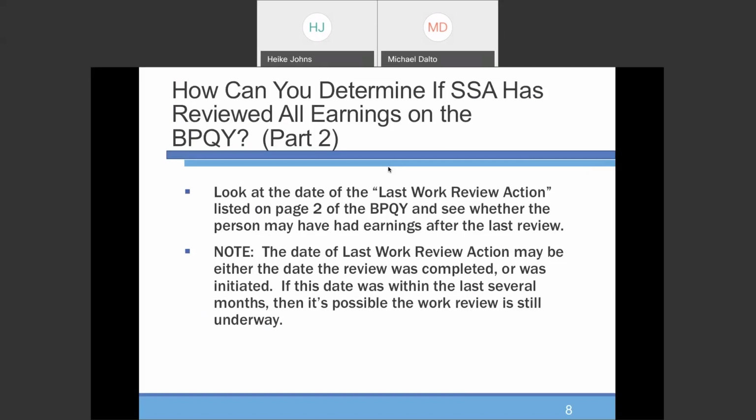And if there are any earnings that appear after the date of the last work review action, then it's very likely that Social Security has not reviewed, or possibly the person hasn't reported earnings after that work review, and those earnings may need to be reviewed. There may need to be another work review by Social Security to review those subsequent earnings.